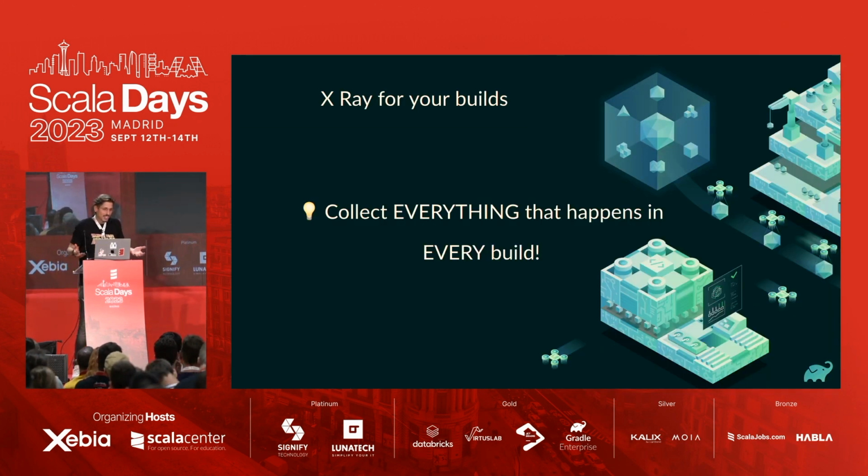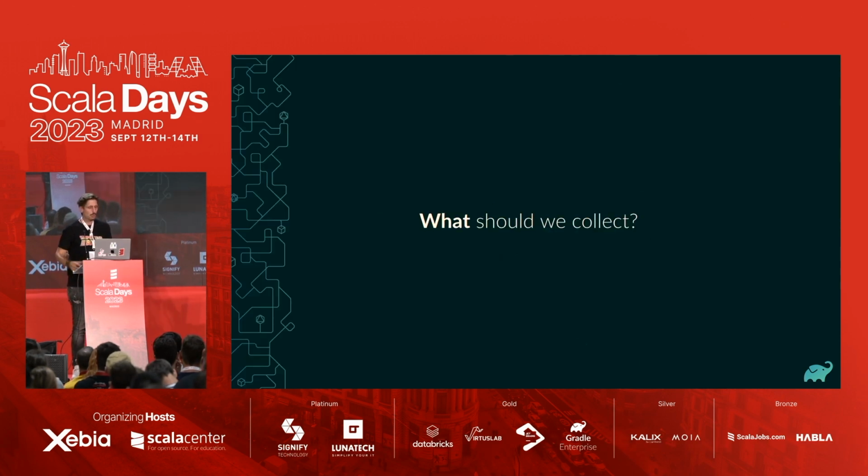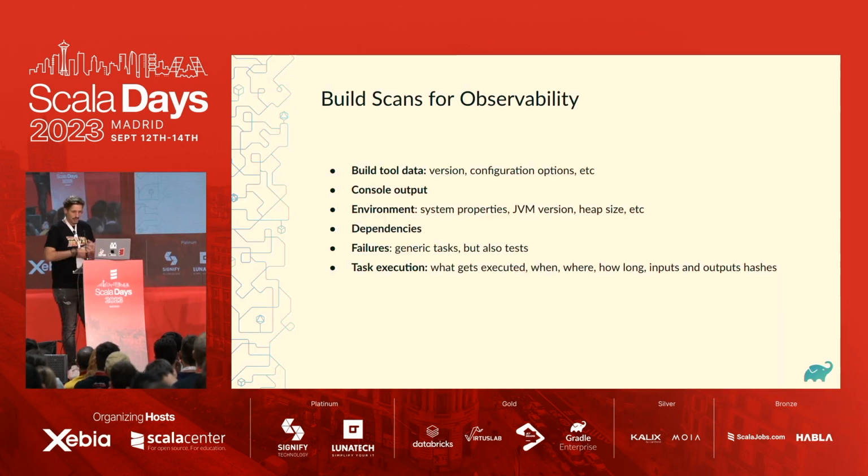So what do we need? Well, we need the data. It's really just about that. So what is it that we should be collecting? Well, there are a bunch of things. I'm going to spell out some of them. Of course, there is build tool data like the version and configuration parameters. You definitely want to capture the environment variables, or the system variables, that could impact your build.